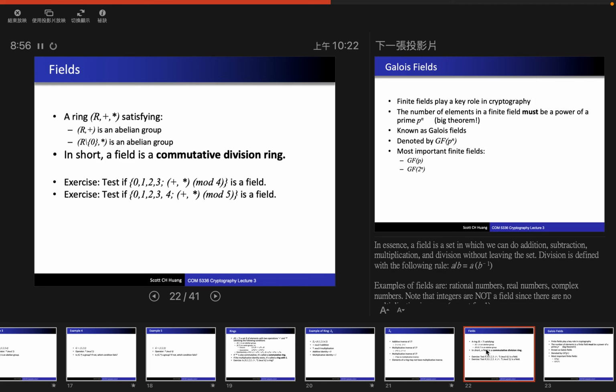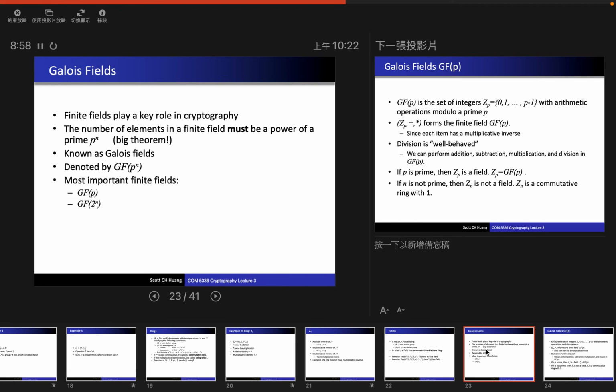So let's talk about this. This is also known as the Galois field, because it was first introduced by the French mathematician Évariste Galois. It's pronounced in the French way.